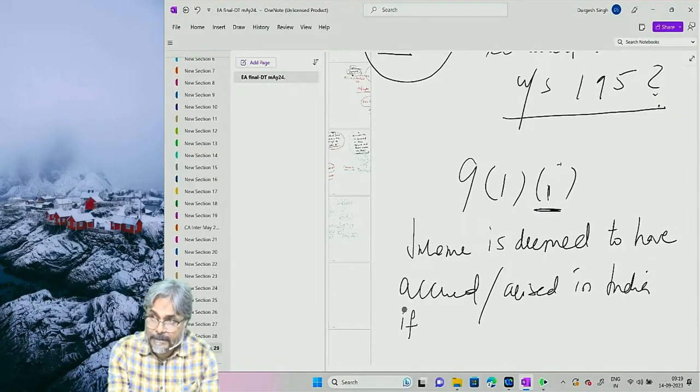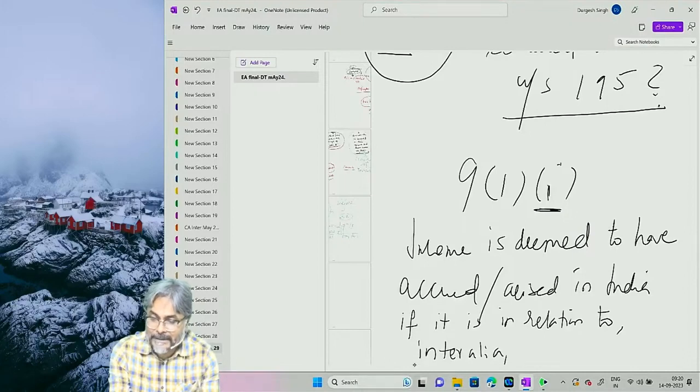If it is in relation to, comma, inter alia. Again the magical word came.